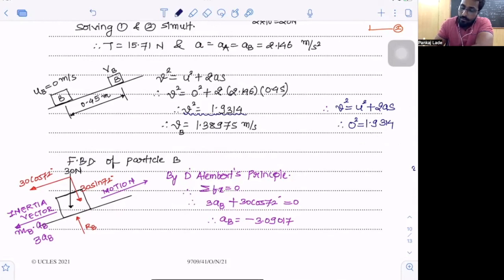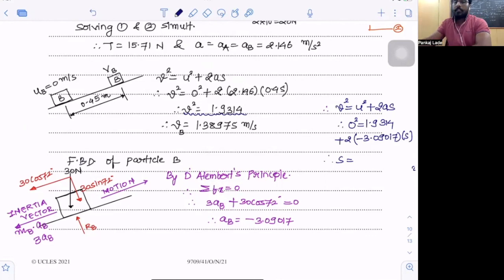So I'll write here plus 2 times of acceleration is minus 3.09017 times s. Okay, I'm interested in the value of s. So s will come positive. So it's 1.9314, which was v square, or here it is u square, divided by 2 times 3.09017.